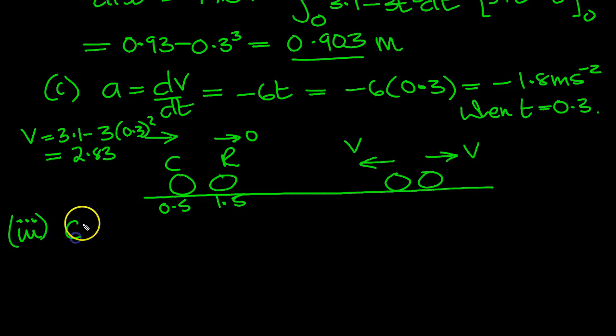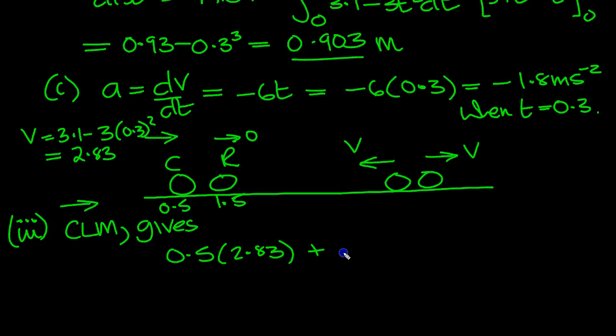So conservation of linear momentum gives, in the forwards direction, 0.5 times 2.83 plus 0 is equal to 1.5v, since this mass is 1.5, and minus 0.5v.